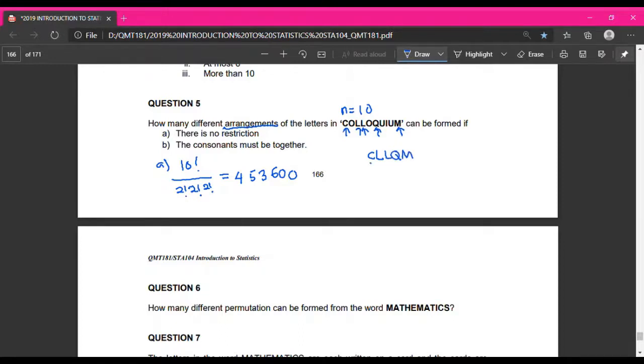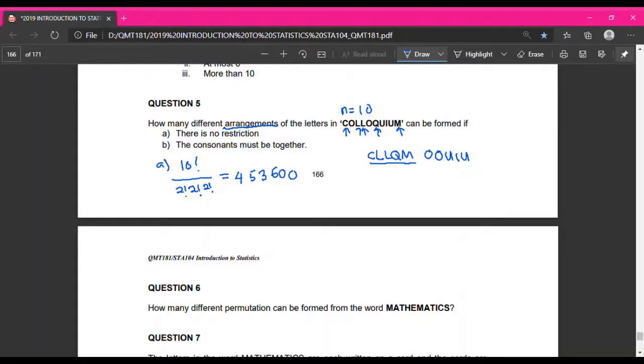Mesti together maksudnya dia kena jadi satu saja. Dia akan jadikan satu letter saja sebab dia mesti bersama. Okay, the other letters will be O, O, U, I, U. Okay, letters ni tak kisah, dia boleh berubah tempat. O berada dekat belakang, U kat dekat tengah, I kat depan ataupun O kat belakang, so tak kisah mana-mana. Okay, so yang ni boleh berubah tempat.